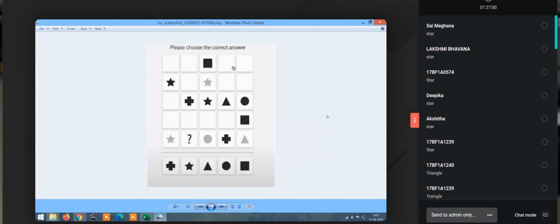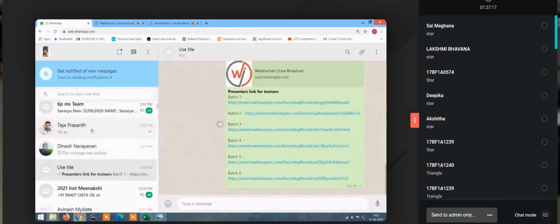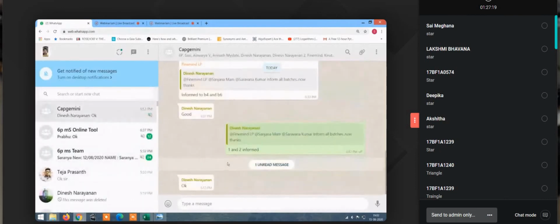Now it is attendance time. How we find star only comes there. Where, Rohita, which one are you talking about? Let me take the attendance.